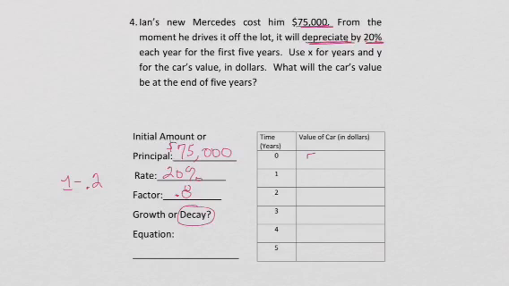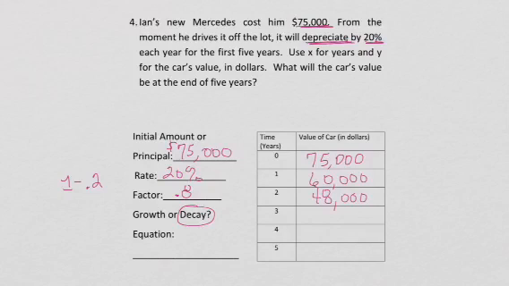So in the beginning, it starts at $75,000. Each year as it's reduced by 20%, that first year it goes from $75,000 down to $60,000. The second year it decreases to $48,000.